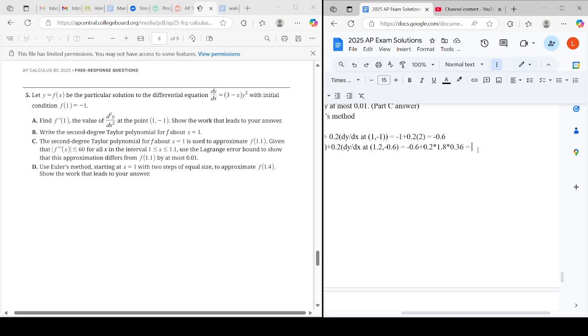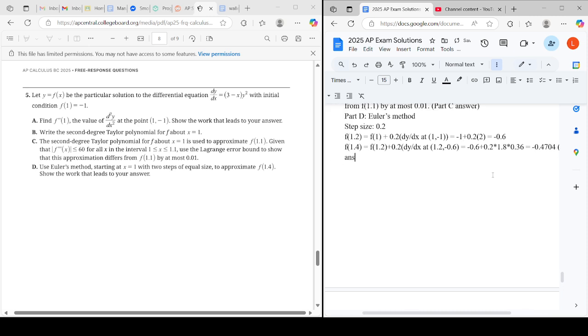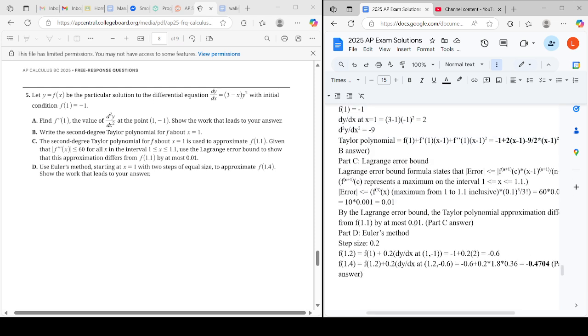You don't get a calculator, but you could honestly leave it like this. They will take unsimplified answers as long as you show this work, but you should get negative 0.4704 after all that work. I won't do all the calculations here. You'll probably have to do it live on the exam, but remember there's no calculator. I feel like it's kind of unreasonable. Remember that you can leave answers unsimplified on this test.